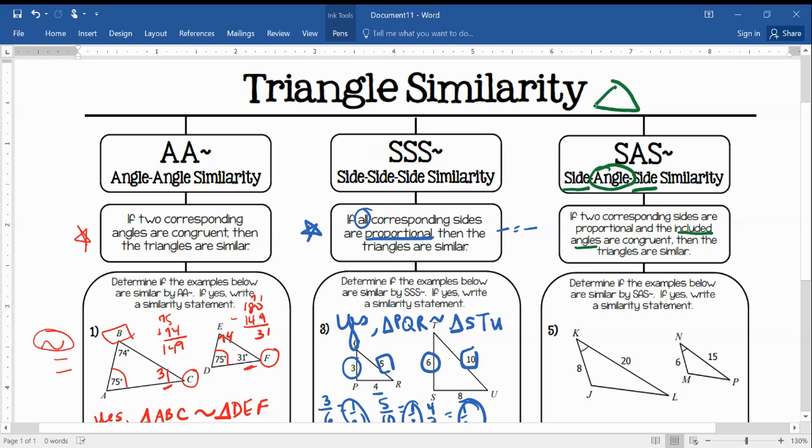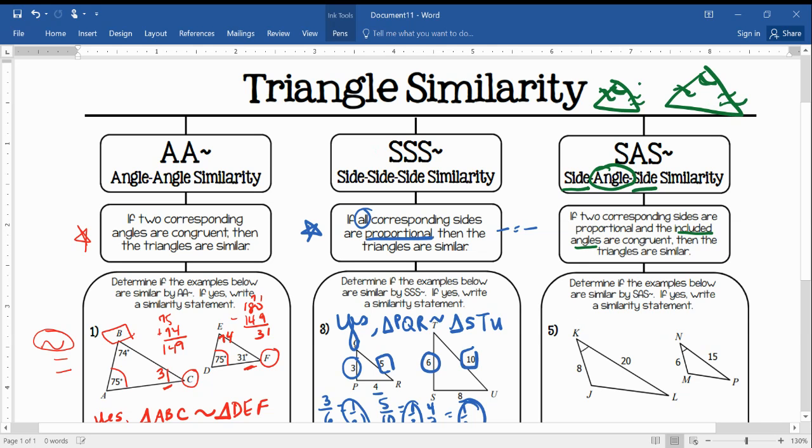If you've got two triangles and I know this side and this side are labeled, okay, I'm not sure if they're congruent, but we know this angle and this angle are definitely congruent. All right, then we also know these two sides are proportional.